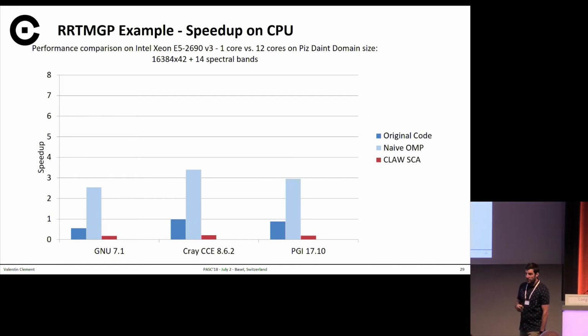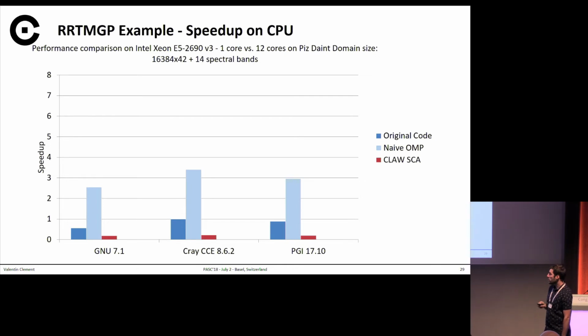In terms of performance, we have some results done on Piz Daint on one node, because we are interested in single node performance here. The dark blue bar is the original code, which was a single core code with no OpenMP, no OpenACC, and with the horizontal dimension inside.